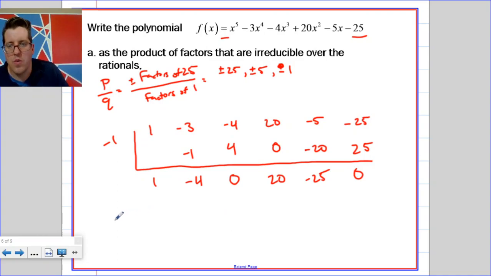Okay, so that means that we got x plus 1, that's this part right here, times x to the 4th minus 4x cubed plus 20x minus 25.